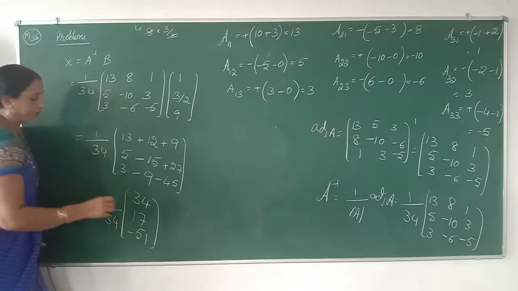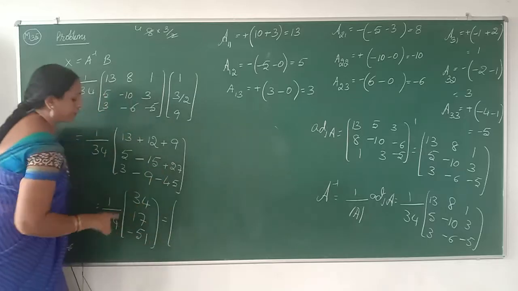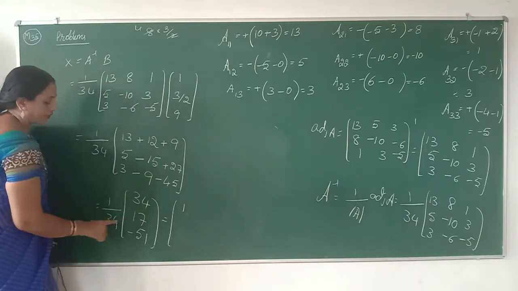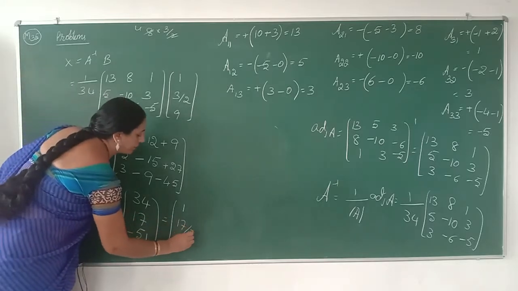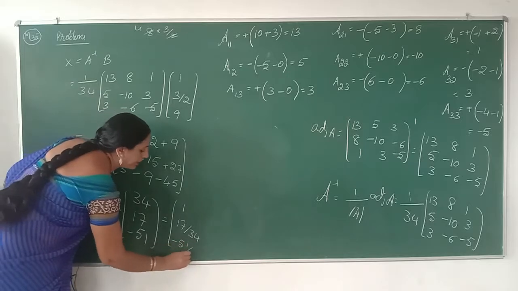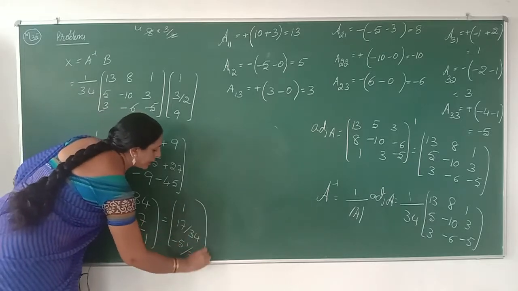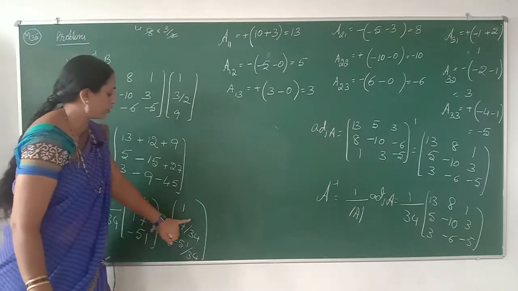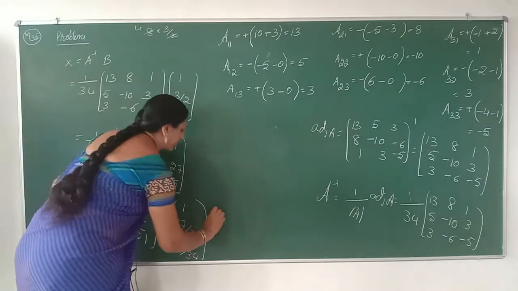So equating all the elements of the column matrix. 34 by 34 is 1. 17 divided by 34. 51 divided by 34. These are the values of X, but capital X is denoted by small x, y, z.